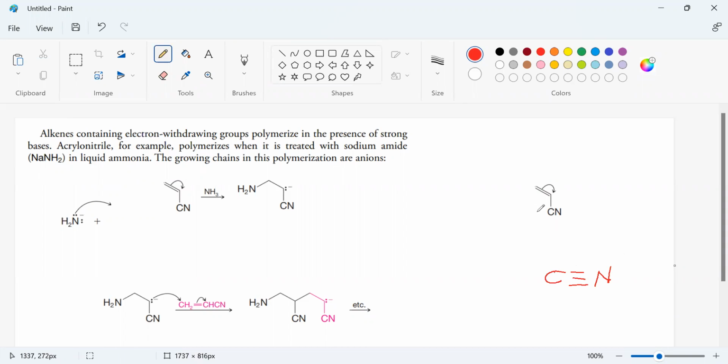Here you have a nitrogen, which is very electronegative, so it draws electrons to itself. I'll put an arrow. So nitrogen is electronegative, and you have here the acrylonitrile, the nitrile group rather.